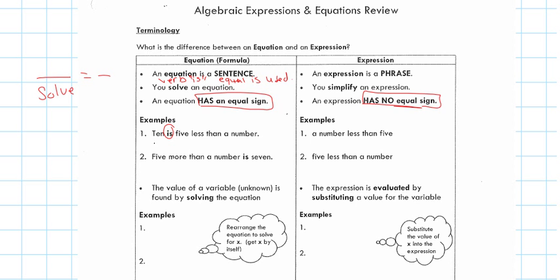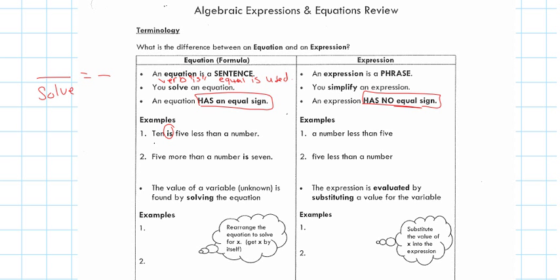So let's read a sentence. "10 is 5 less than a number." How can I take that sentence and put it into a math equation? "10 is." You read the number 10, so you write 10.